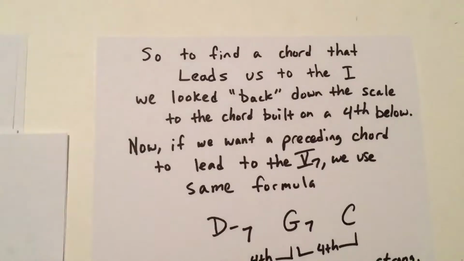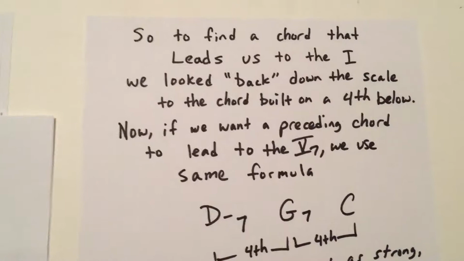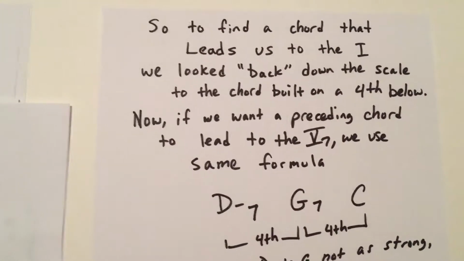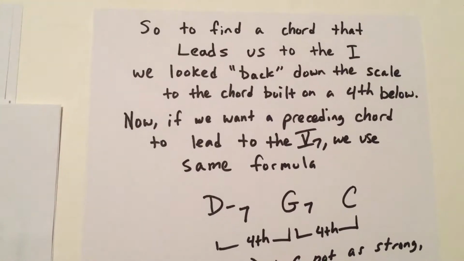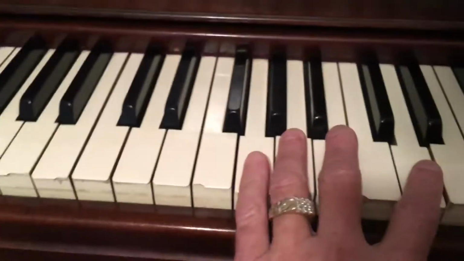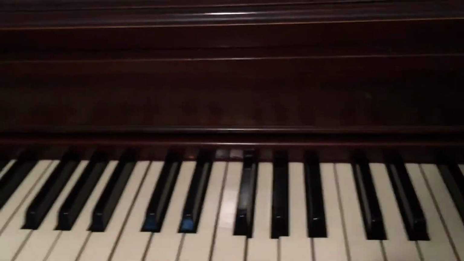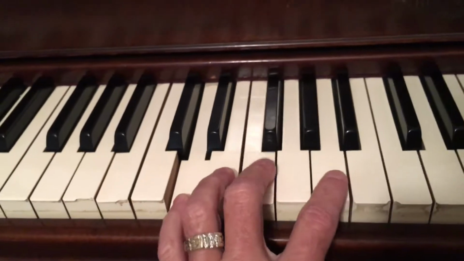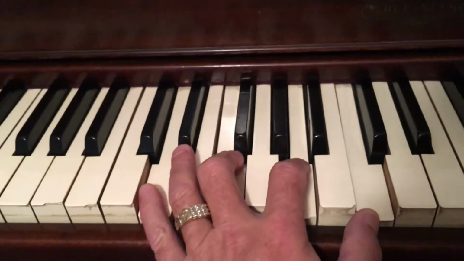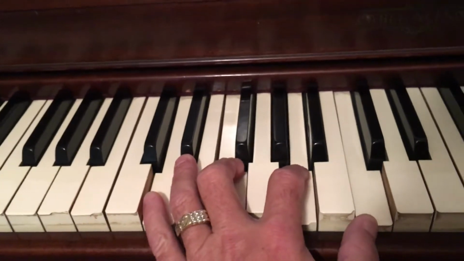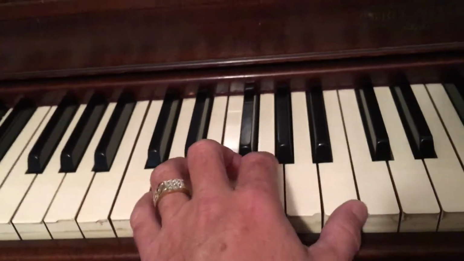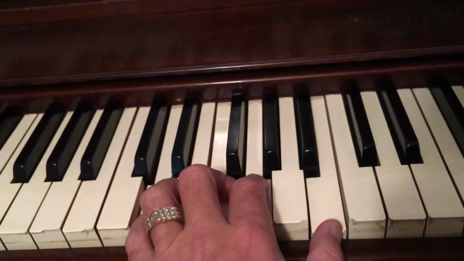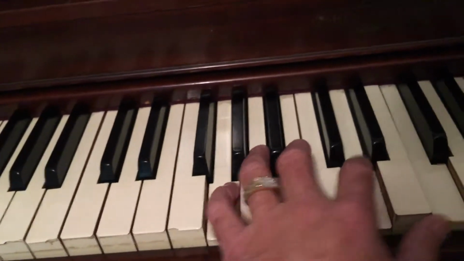Now if we want a chord preceding a chord to lead to the 5, we could use the same formula. Here's the 5, the G chord. So we go down from G, a 4th, 1, 2, 3, 4 to D, and build a chord off it in the key of C. It's going to lead us to the G chord, which is the one that would lead us to the 1.